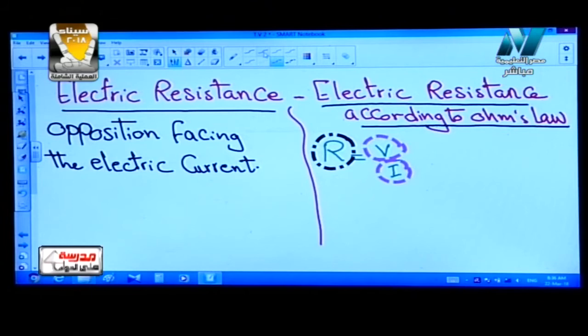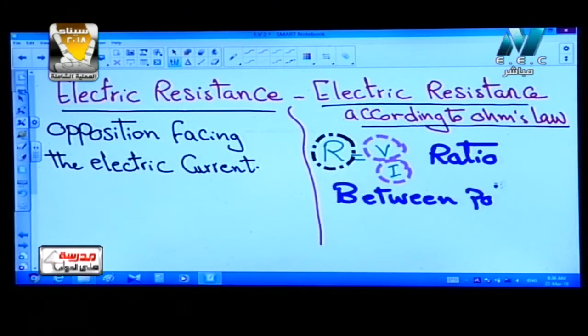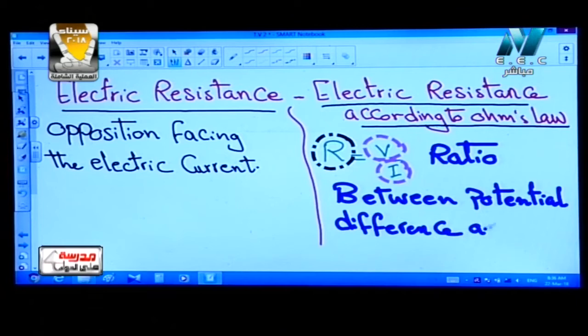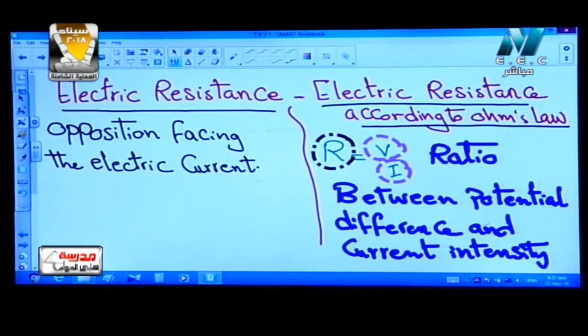Let's write it: when he asks what is meant by electric resistance according to Ohm's law, I say: ratio between potential difference and current intensity. Okay, as we have here V over I, as V to I, as 3 over 2, so 3 to 2. We can differentiate between fraction and ratio because a fraction is a ratio.